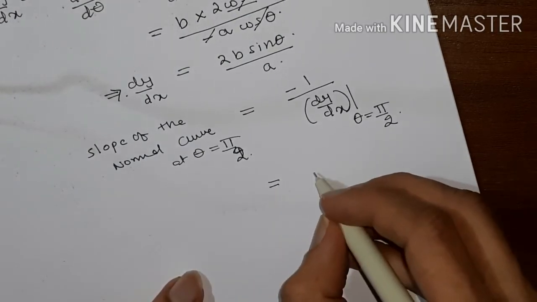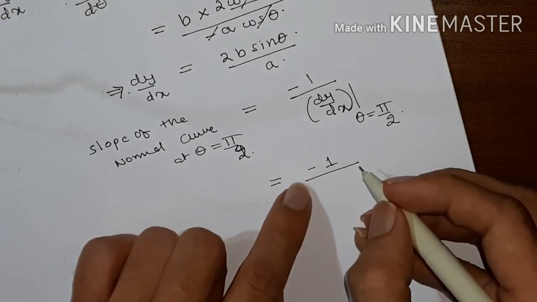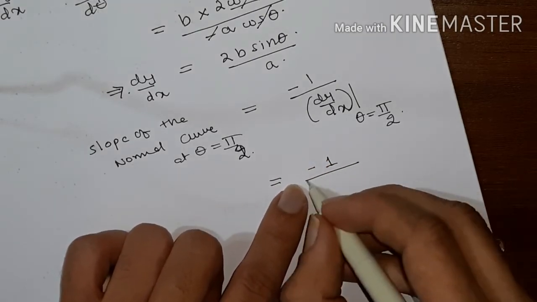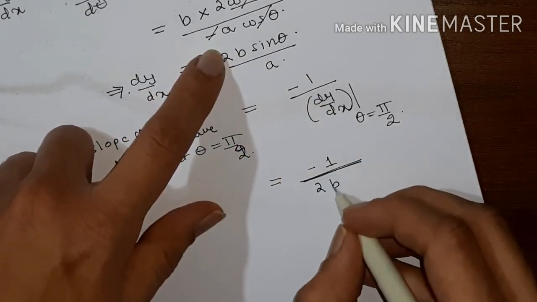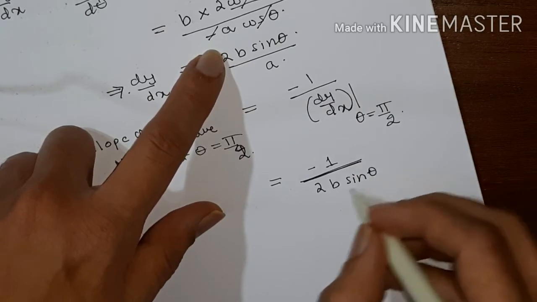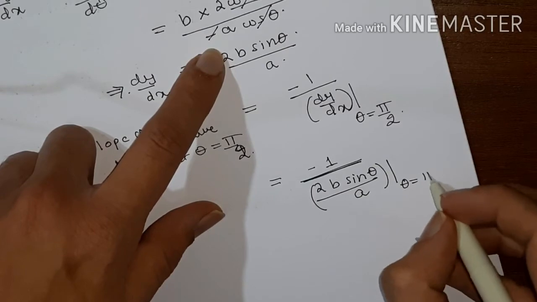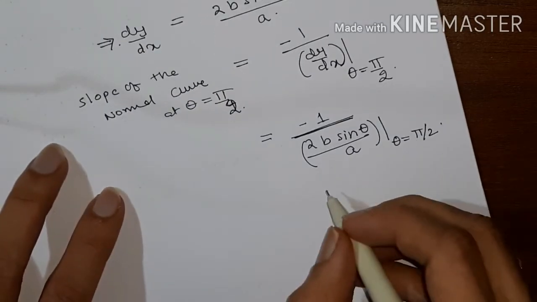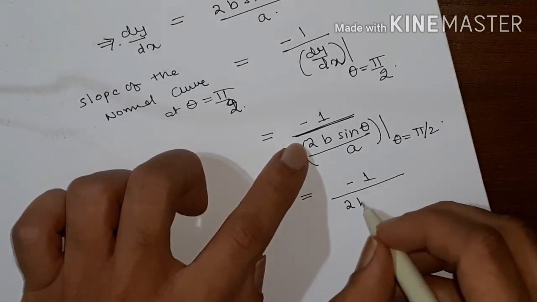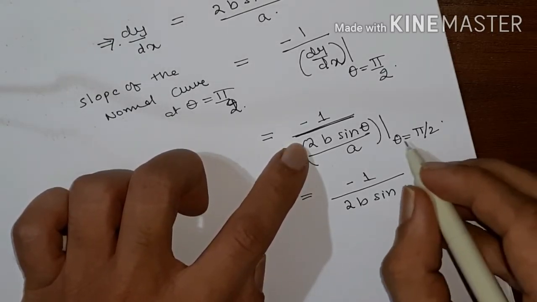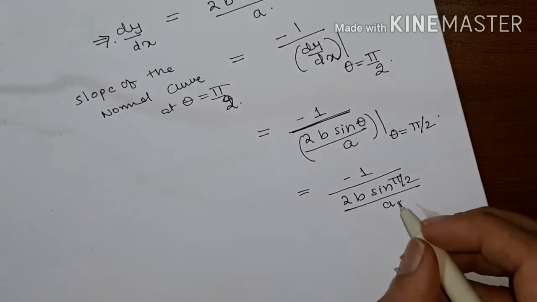So minus 1 divided by 2b sine of pi by 2, divided by a.